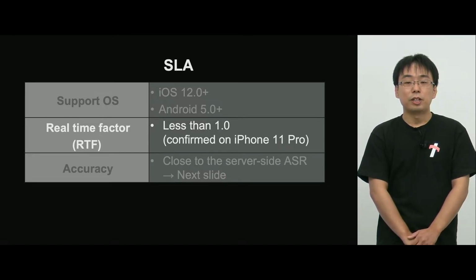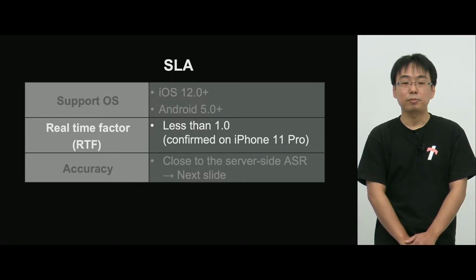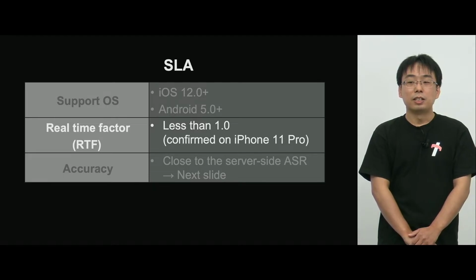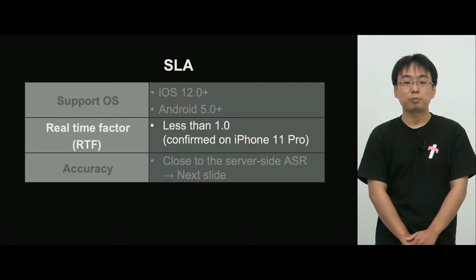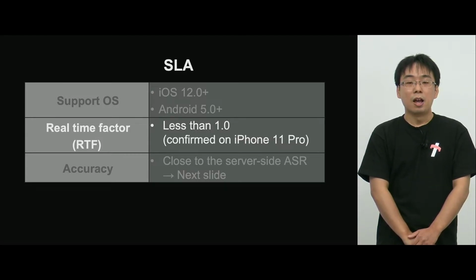In terms of the ASR execution time, the real-time factor, RTF, is set to less than 1.0. RTF is the indicator to represent the recognition process speed: the process time is divided by the actual voice length. For example, if 10 seconds of voice is processed in 1 second, the RTF is 0.1.